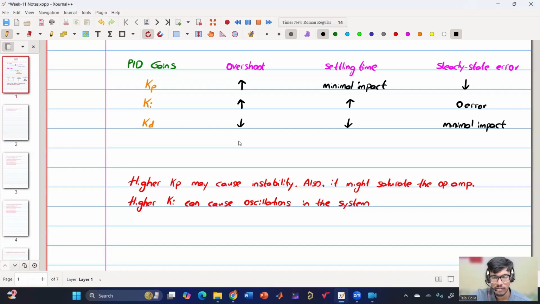There is an upper limit because of the noise amplification, because that is not at all good for the system stability. Any slight change or any noise will be amplified and then the system will respond to it. So that is not what we want if we are targeting a robust design. Higher KD can amplify the noise.